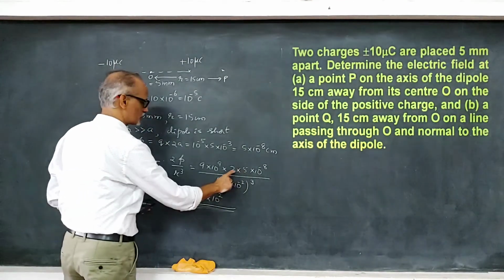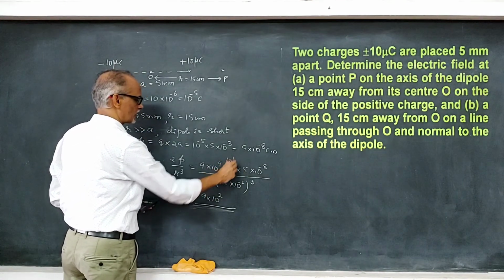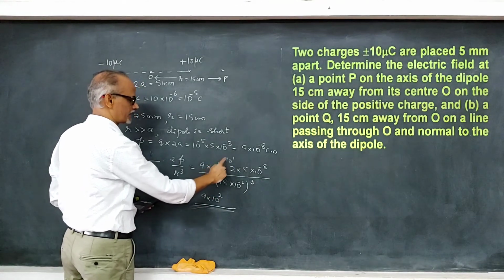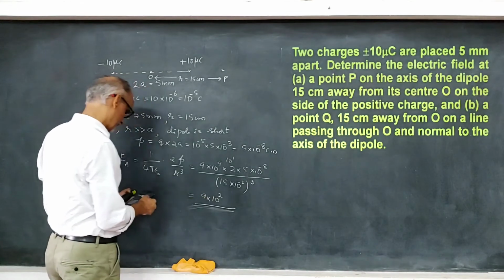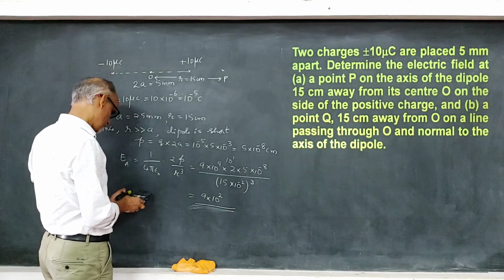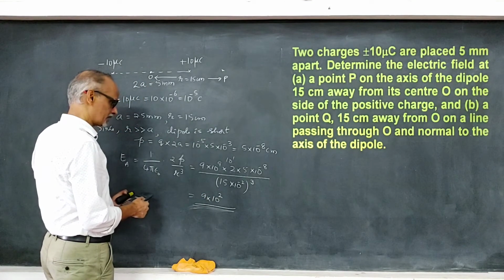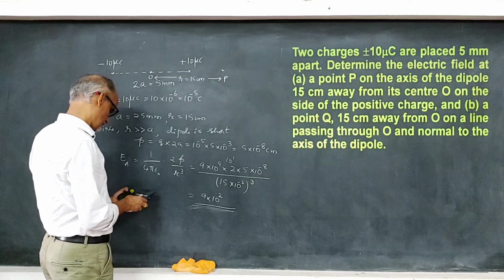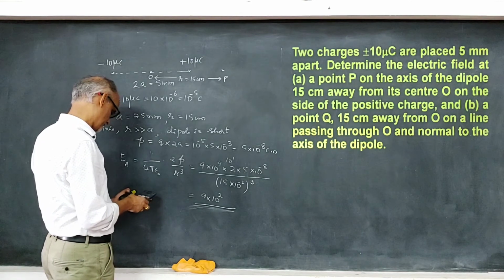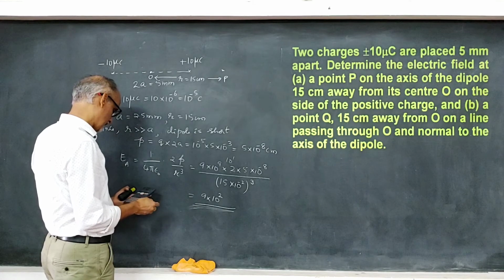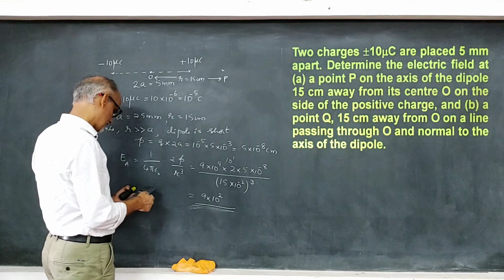So 5 into 2 is 10, 10 to the power 1 we get, 9 plus 1 is 10, 10 minus 8 is 10 to the power plus 2. Now in the denominator, that is 15 into 10 to the power minus 2, and then we have the cube of that.